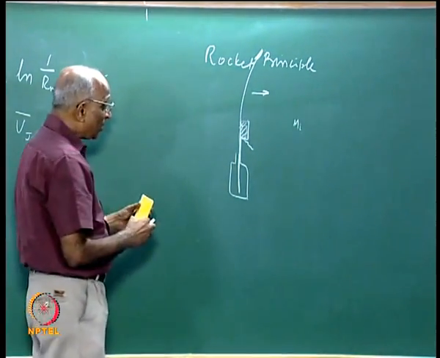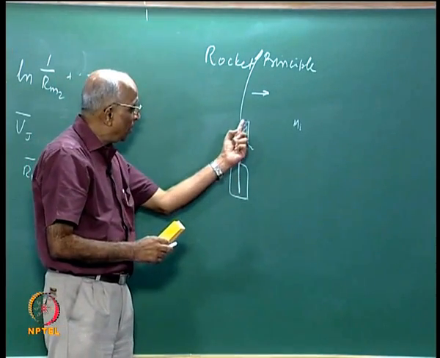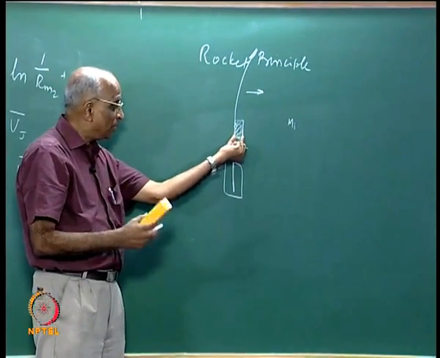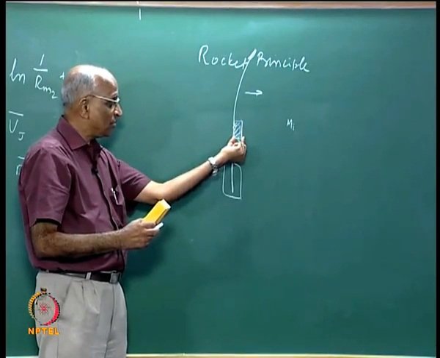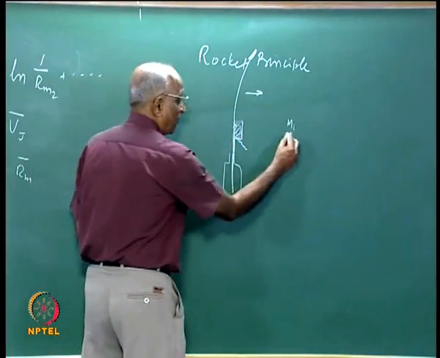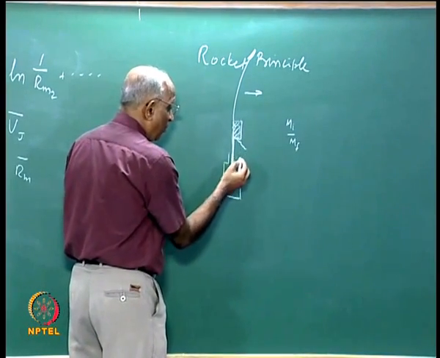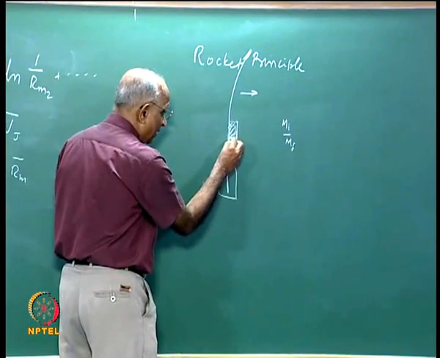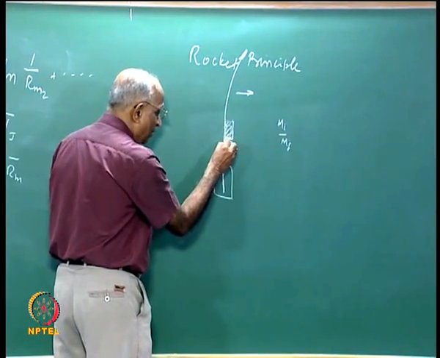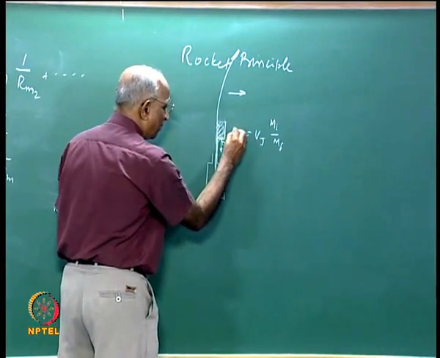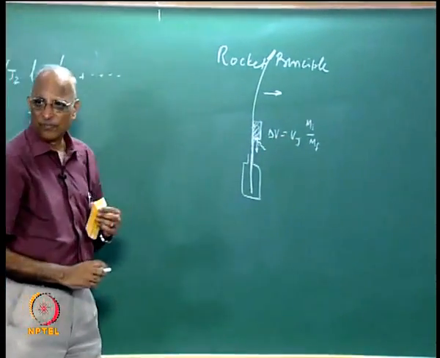When the rocket is all consumed I am left with this wood, a little bit of powder, or the powder is all burnt anyway, and the paper which has still not got burnt. That will be my final mass. And therefore, what is the value of Vj? They have given a small hole here through which the gases are escaping, and that is going to give my final value.